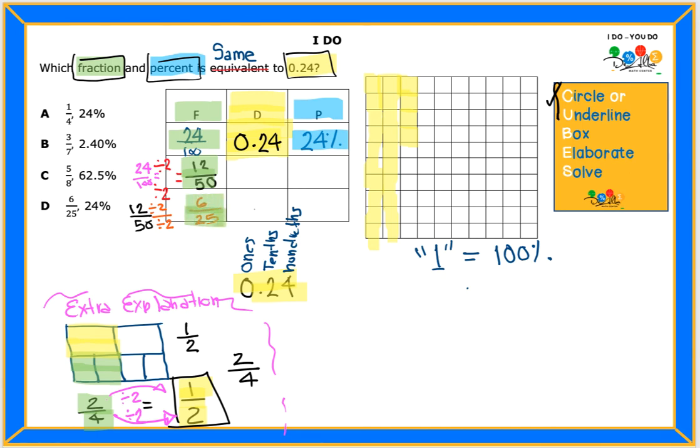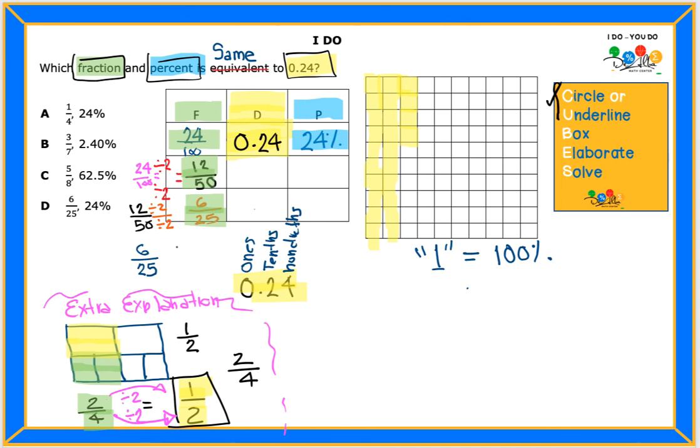And I want to see if I can keep simplifying. The fraction I have is 6 over 25 now. Can I divide the numerator by 2? Yes. But can I divide the denominator by 2? No, I can't. So the 2 is not going to work. What about the 3? 6 divided by 3? Okay, we can do that.